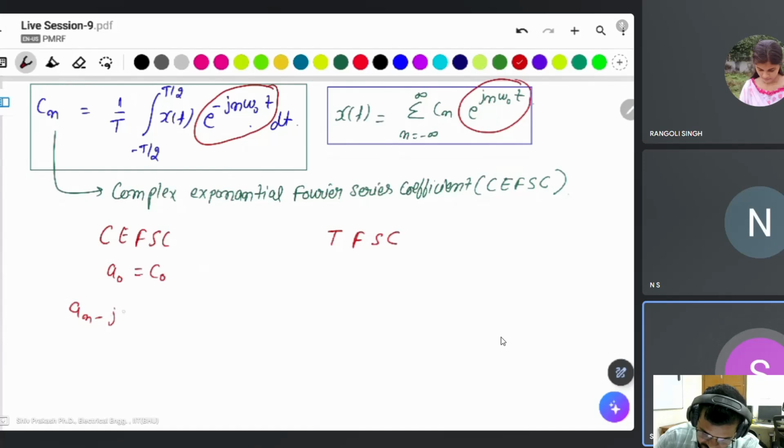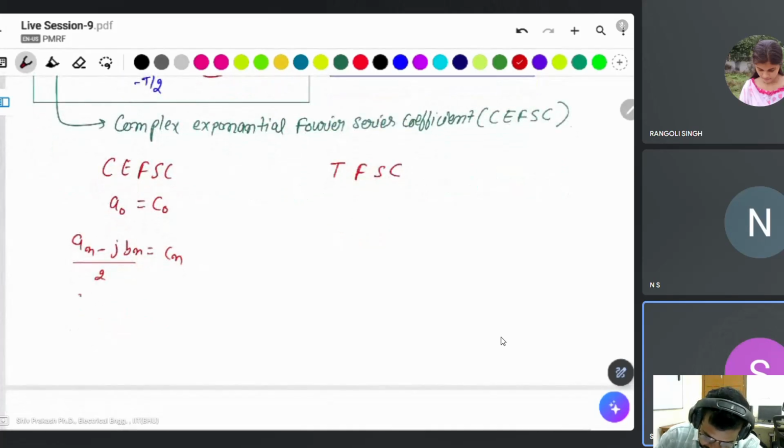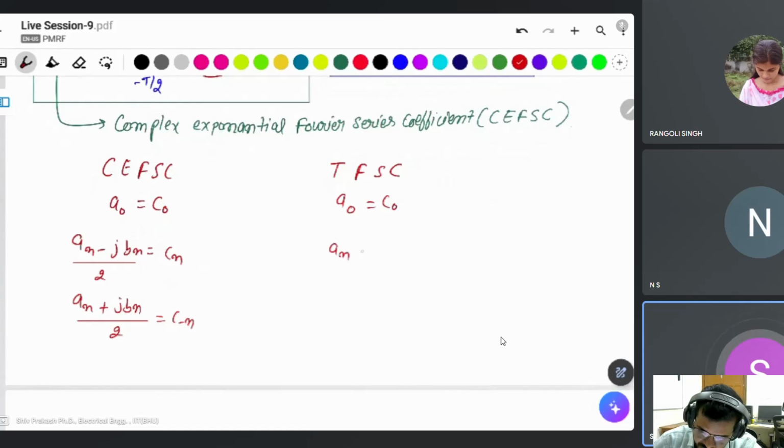An minus j Bn by 2 is equal to Cn, and An plus j Bn by 2 is equal to C of minus n. Here A naught is equal to C naught. Okay. If we want to calculate An, then Cn plus C of minus n is equal to An, and Bn is C of minus n minus Cn divided by j.